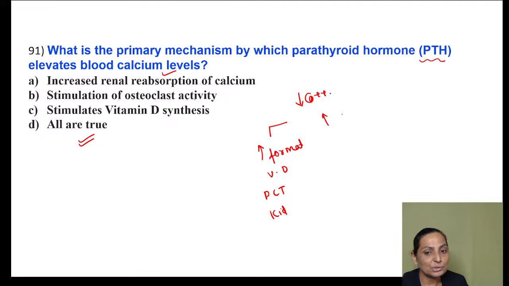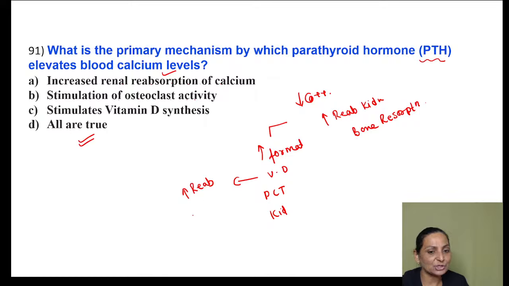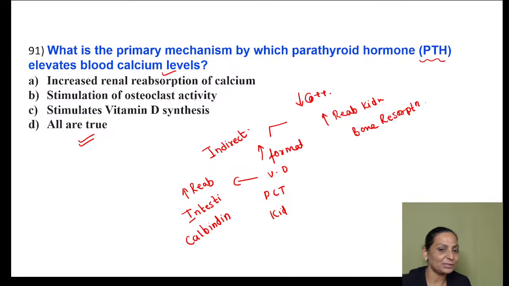It will then also increase reabsorption via kidneys and resorption from bone. So these are the direct actions. Now this vitamin D, which is increased as a result of PTH, will then increase the reabsorption of calcium from the intestine by also stimulating a calcium binding protein called calbindin. So therefore calcium reabsorption in the GIT is the indirect effect of PTH. Yes, correct, Tushar.